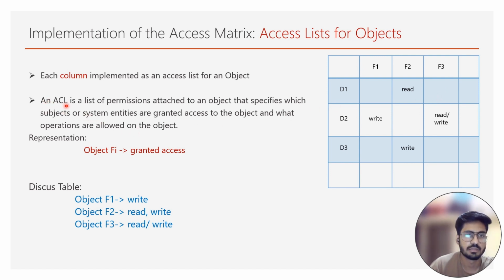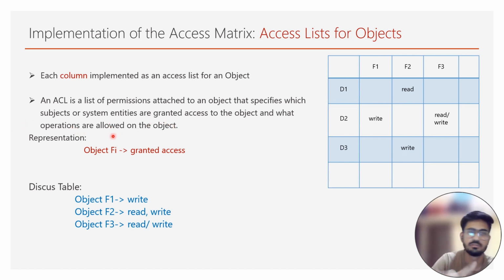An access control list is a list of permissions attached to an object that specifies which subjects or system entities are granted access to the object and what operations are allowed on it.